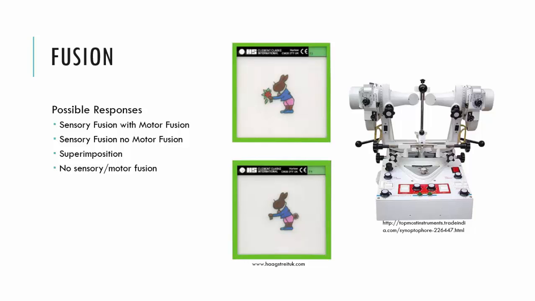Okay, another alternative is that the patient describes superimposition to you. What superimposition is that they will see this slide or this rabbit on top of this rabbit. So they don't actually see one rabbit, they'll tell you that it appears to be 2 rabbits, one on top of the other. And one's holding flowers and one's got a tail. What that's telling you is that they have simultaneous perception.